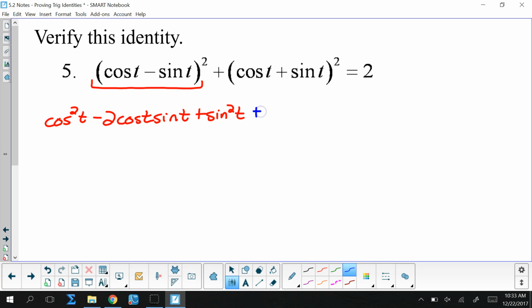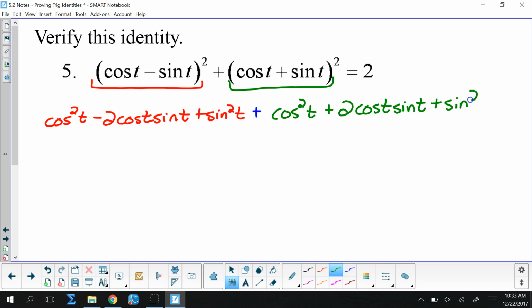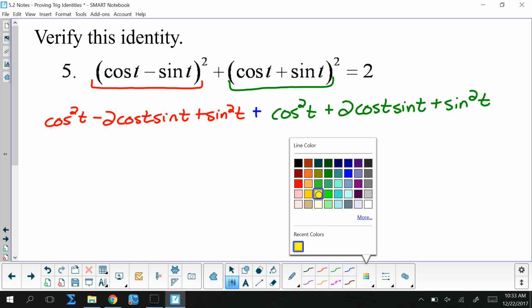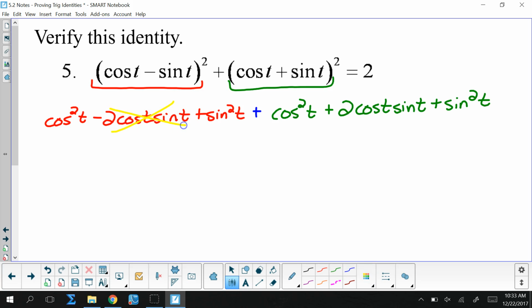Then this one is that. Then the nice thing is those middle terms cancel each other out.